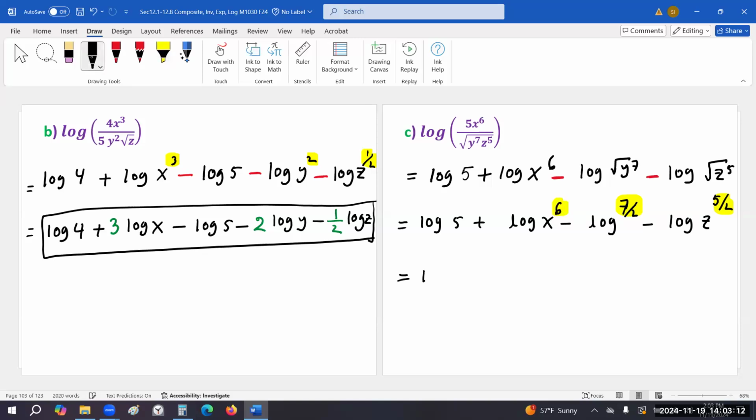So now we have a final line: log 5 plus 6 log x, minus 7 halves log y, minus 5 over 2 log z. That's the final answer.